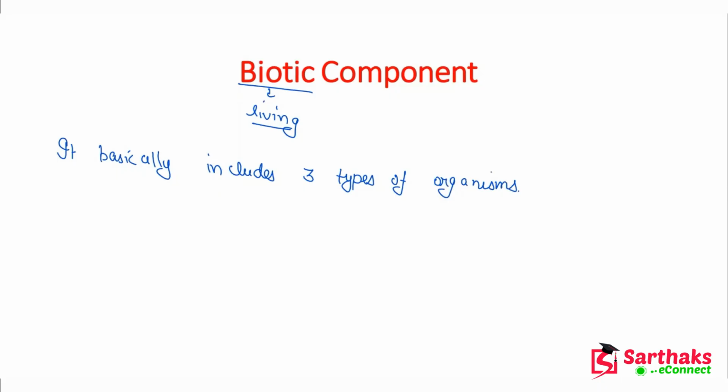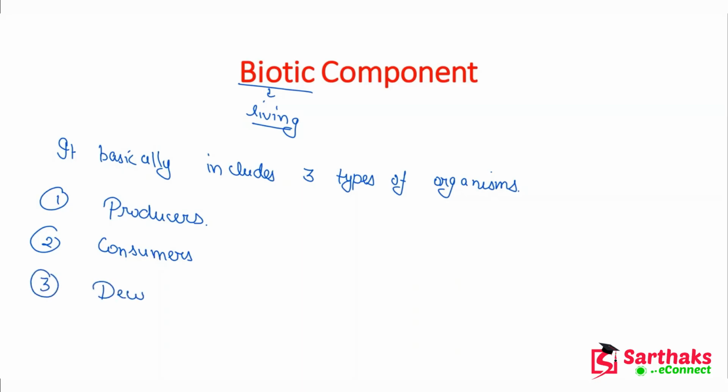The first is producers, the second is consumers, and the third and last is decomposers.